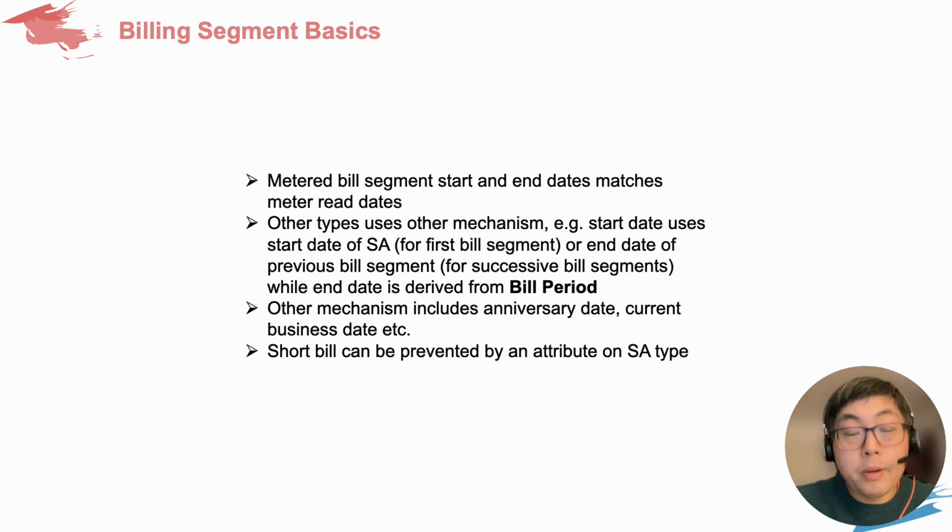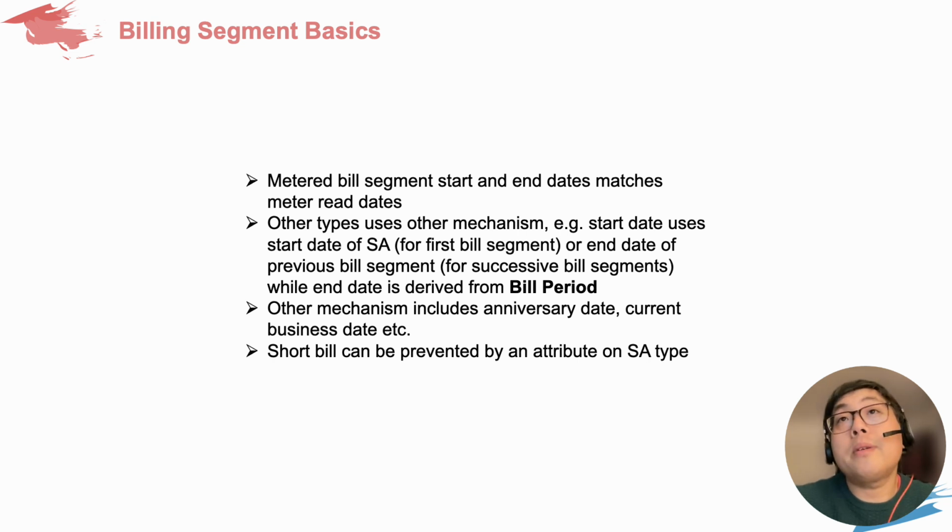So in the bill period, I saw in some implementations that they define the bill period to say if I don't have a defined cycle for these, because the bill cycle, remember, is derived from the metering cycle, but some of the SA don't have a metering cycle, so it is specified in the bill period object, so it will be referred to that.